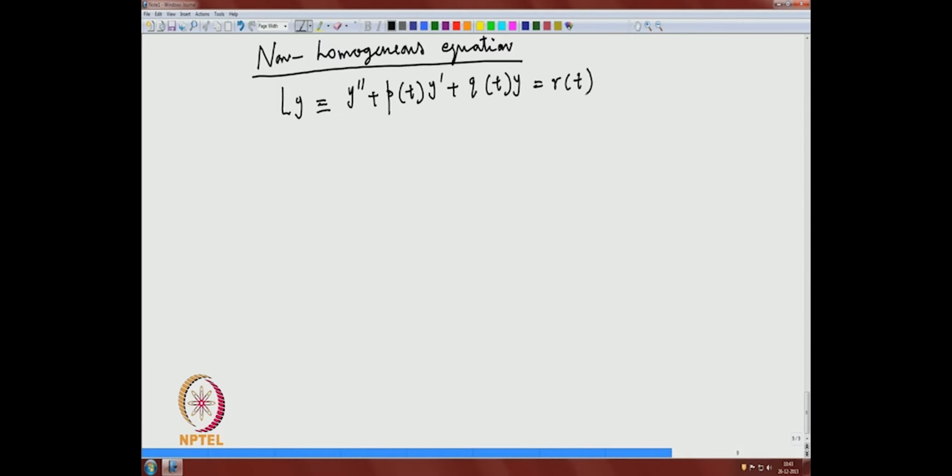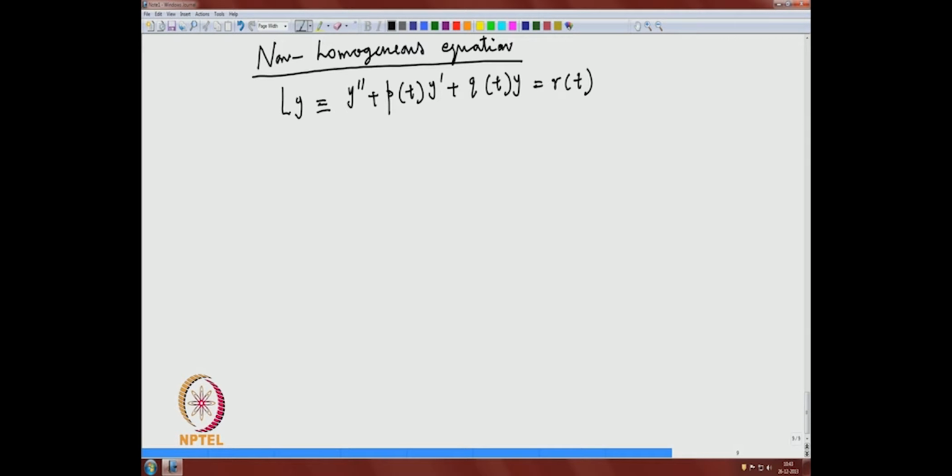You have already seen, using the existence and uniqueness theory, that when P, Q and R are continuous, the initial value problem has a unique solution. But the idea is to understand the solution structure.